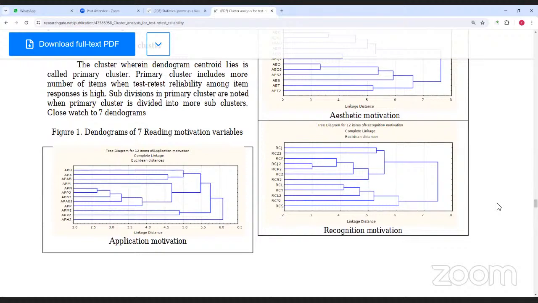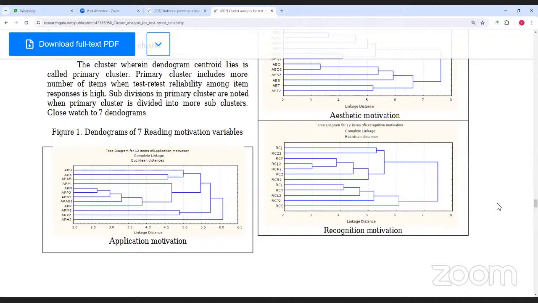They are close to each other. So it should be RC1 and RC2 that are close to each other, but RC2 is close to RCP2.